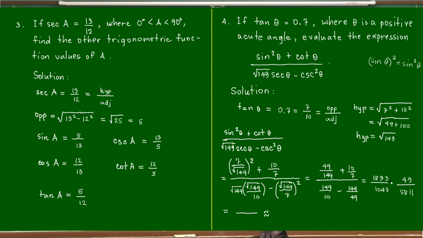5811. And when simplified, this is multiplied by 1833 divided by 1043 times 49, 490, sorry, 490 divided by 5811. So the answer, we have 3290 over 2201.